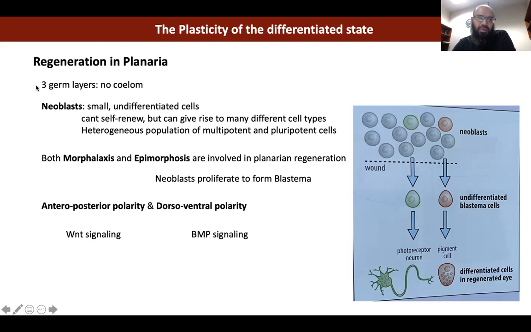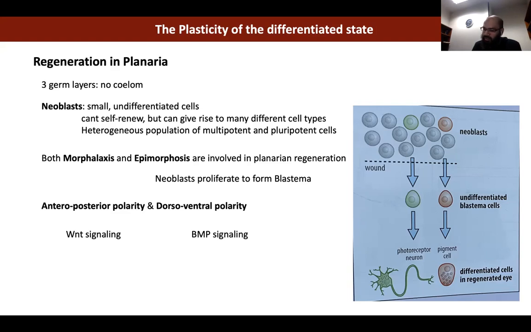They do not have any body cavity, but they have all 3 germ layers. But they have a very specific type of cells called neoblasts, which are kind of stem cells. They are undifferentiated cells, but different from stem cells in that they cannot self-renew.